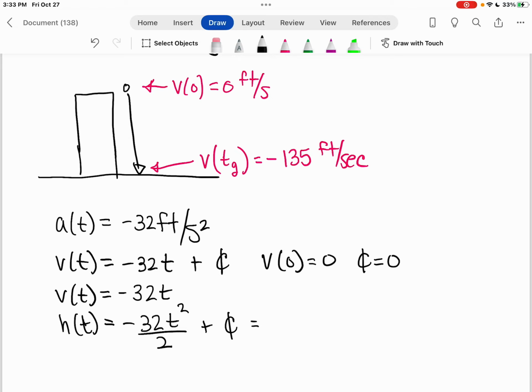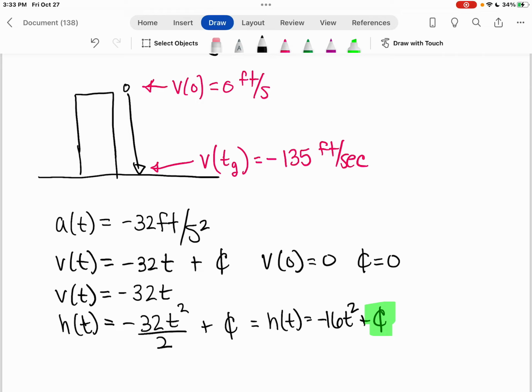And then when I simplify that just a little bit, I get h of t is equal to negative 16t squared plus the constant. Now, this constant right here is a little bit tricky because we're really not given any information about the height function so that we can plug in something for t and the function h to solve for c.